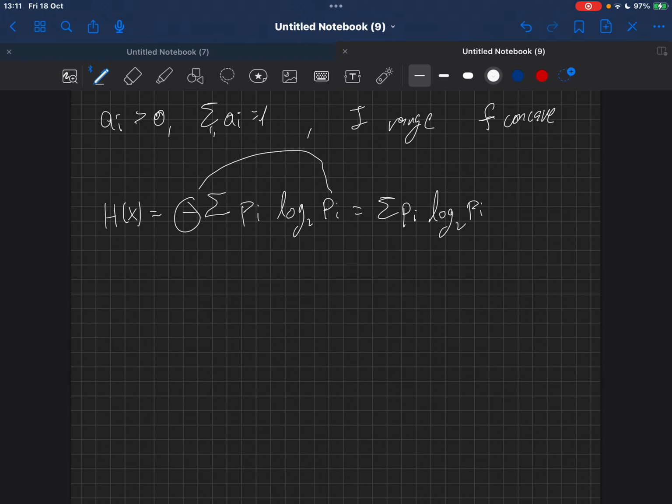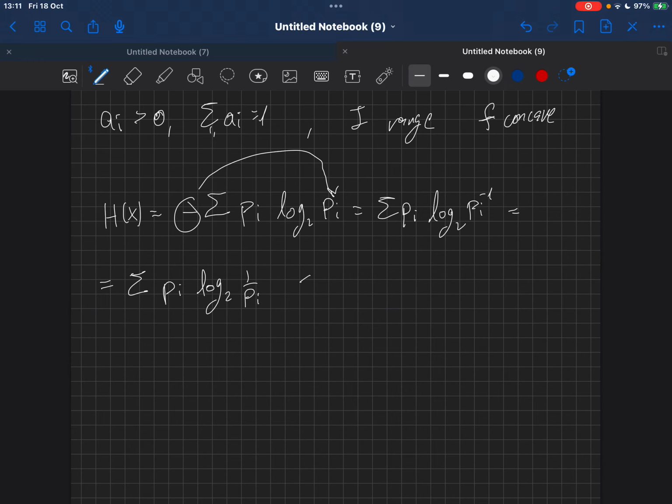I can take the minus inside, so the log gets a power of minus 1. So I can write it also as the sum of p_i log base 2 of 1 over p_i.